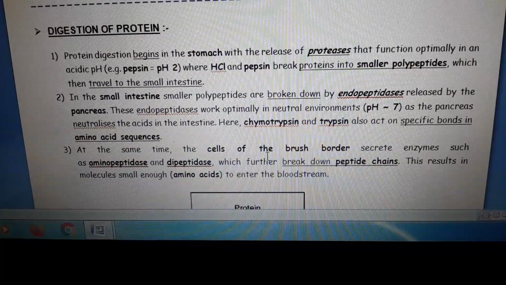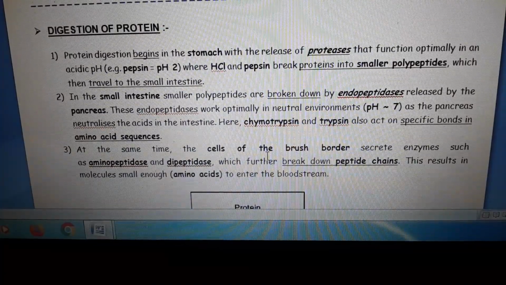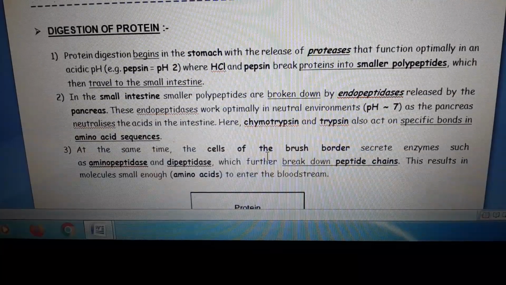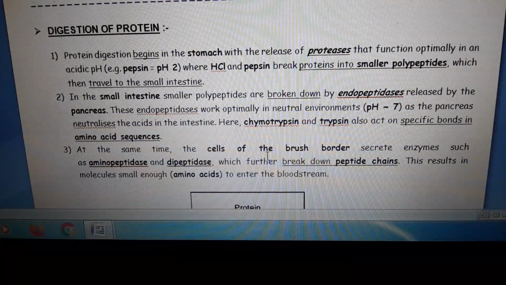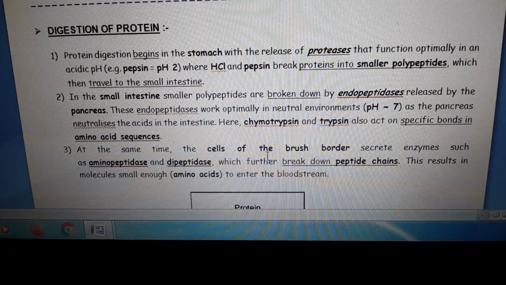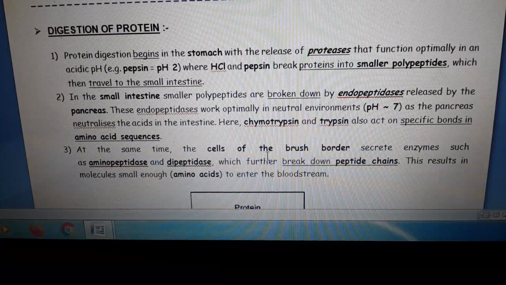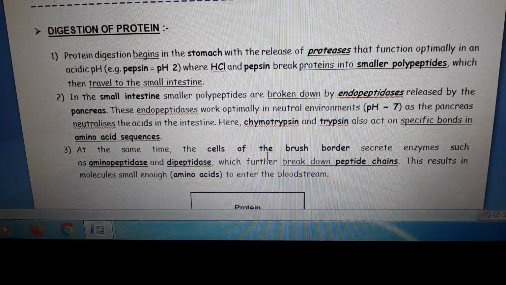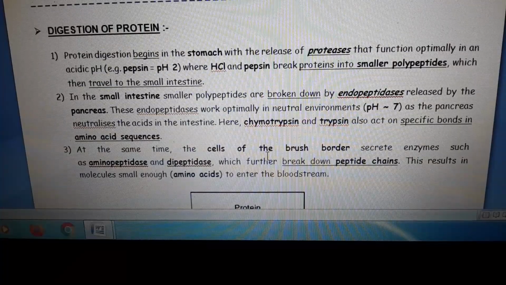Now in the small intestine, the brush border enzyme, mainly the endopeptidase, which is released from the pancreas, also acts on these peptides to break them down.